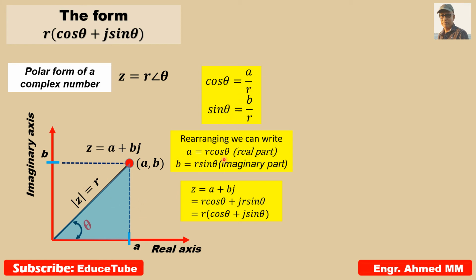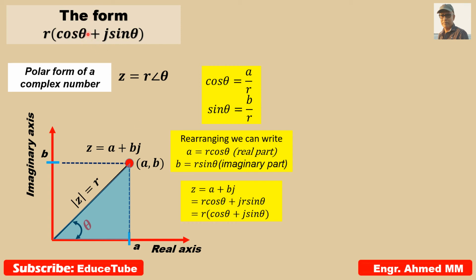Rearranging, we can write a equal to r cos theta, b equal to r sin theta. So surely putting these two, the real part and imaginary part, in this complex number form, we can get z equal to r cos theta plus j sin theta. Look at this form. So we got this form.